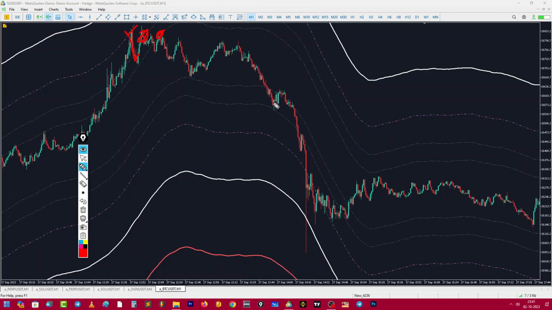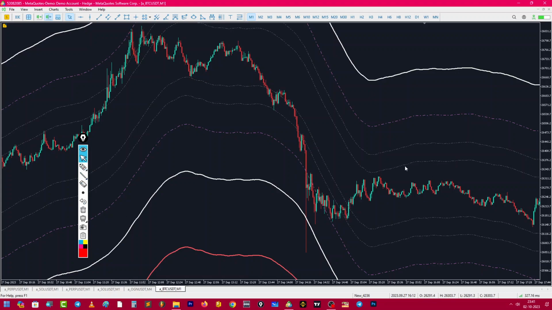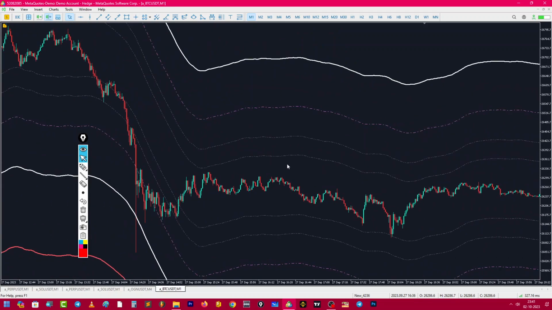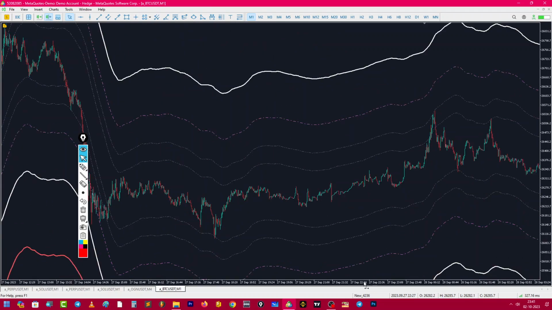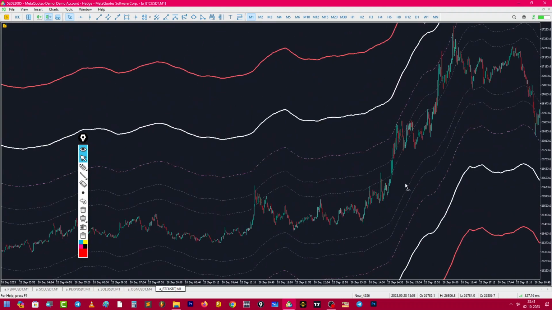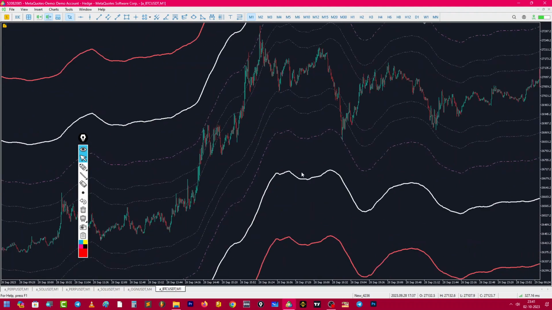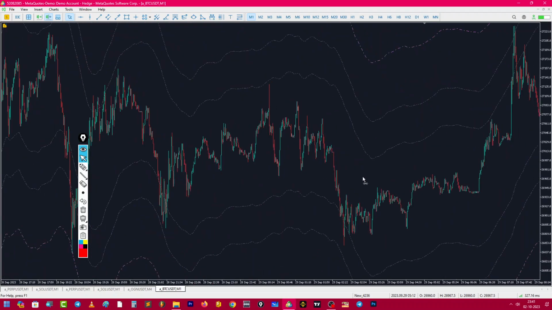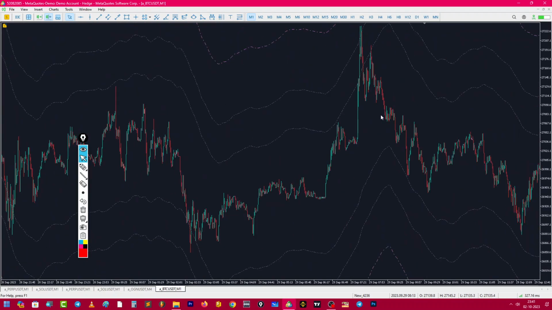Now after this breakout, this is an entry point, and now this is an entry point here, you can see, and finally price reaches its take profit point. So this is the cycle. Okay, so there is some condition when price goes to the extremely overbought and oversold zone.